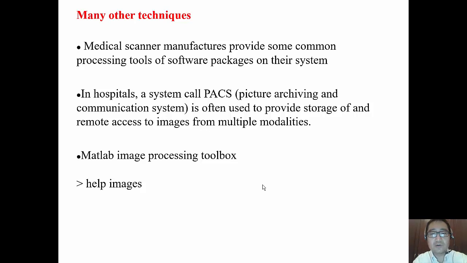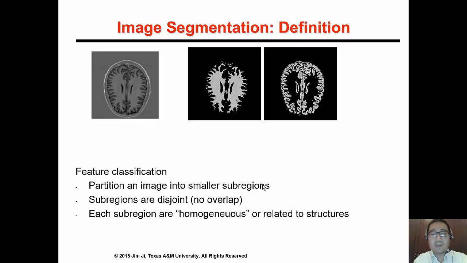They are usually provided as processing tools or on the PACS system for the doctor to manipulate the images. In the research lab, oftentimes we can use the MATLAB image processing tools or publicly available software tools like ImageJ to do the common processing.